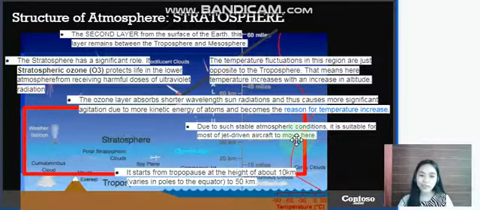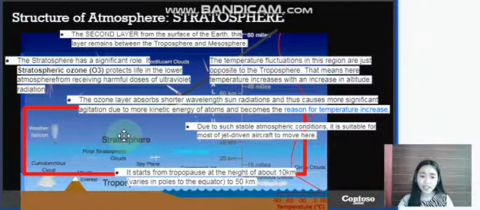Tinatawag nating stratospheric ozone, which protects everyone against harmful UV radiation. Yung mga UVB, UVA, that can actually cause aging and long-term damages like skin cancer, eye problems, and wrinkles. So, pinoprotektahan po yun ng stratosphere natin.